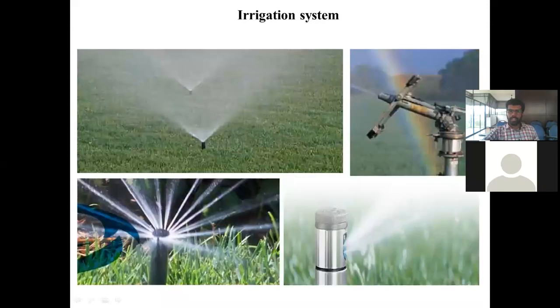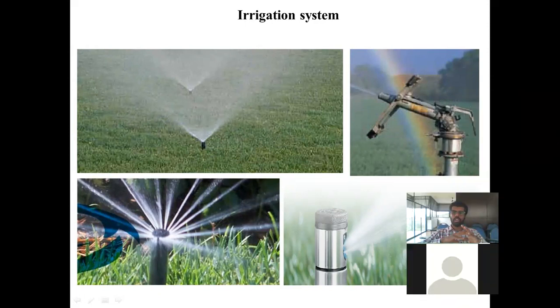You know that in an irrigation system there are different methods, like using sprinklers. There are different types of sprinklers, depending upon how much diameter you want to spray, and they are available in the market. If you want complete rotation, you will get pop-up sprinklers.